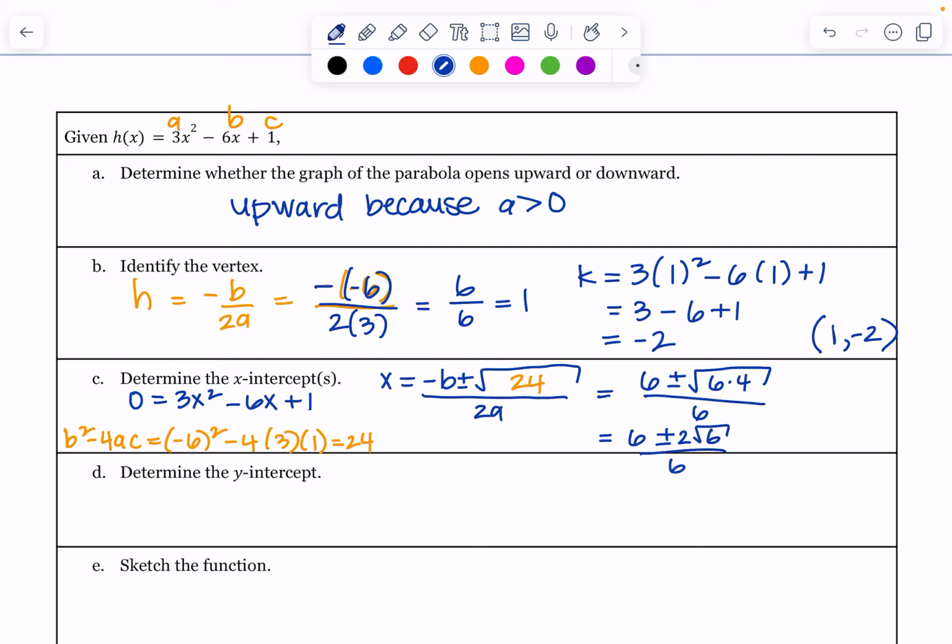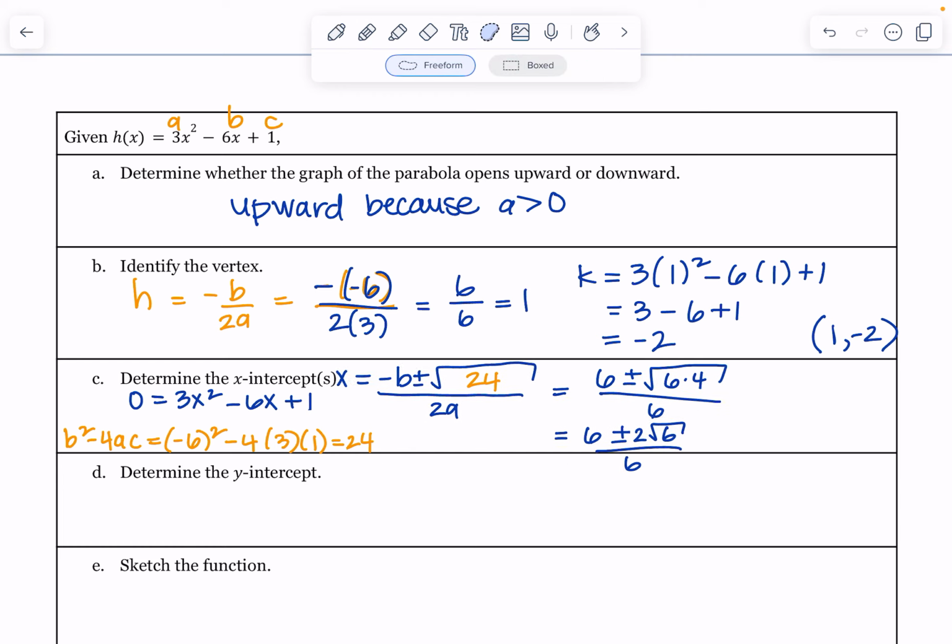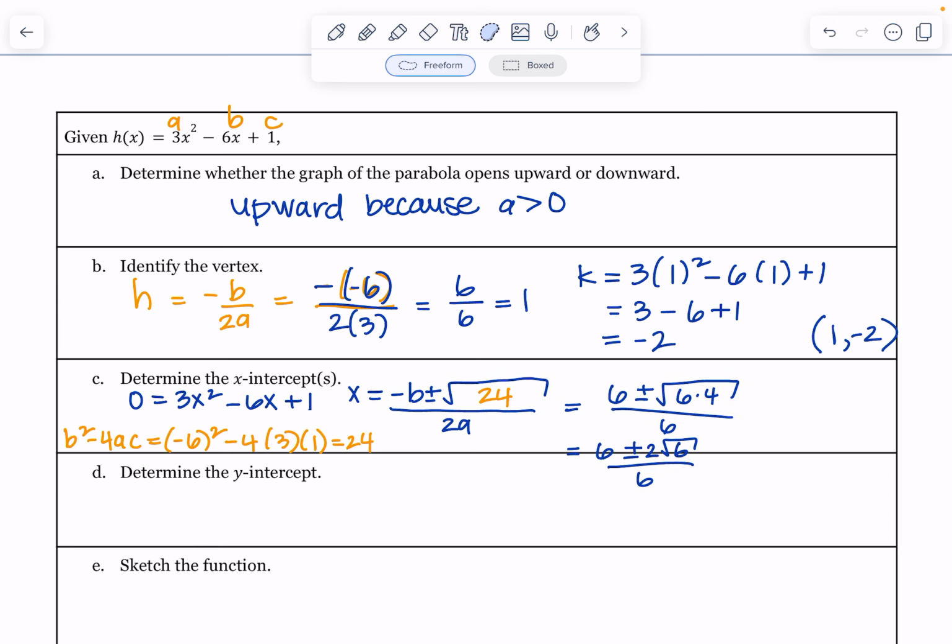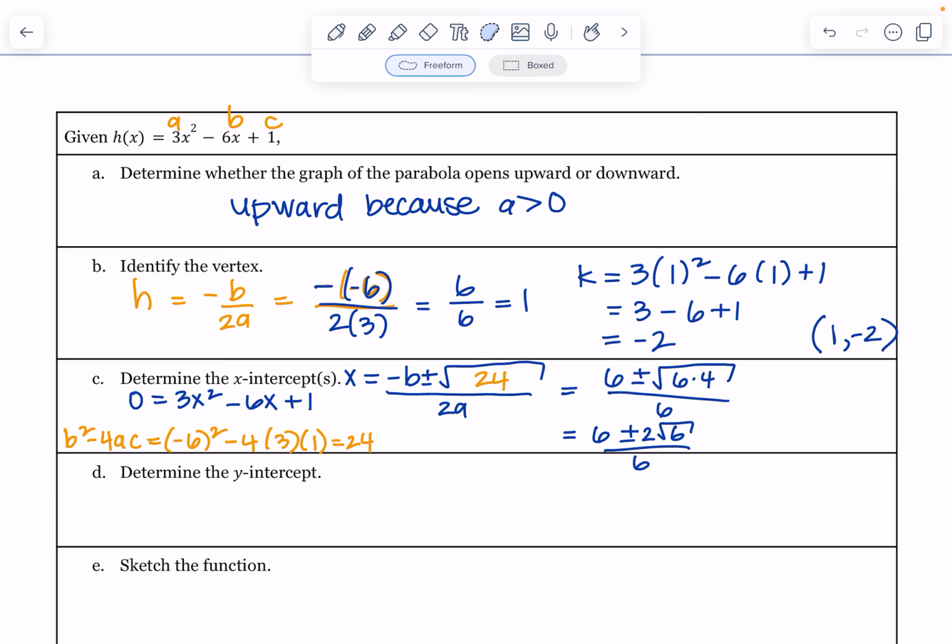6 all over 6. And this is so confusing, but we're trying to find the x-intercept, so we just need to remember what we are doing. So let me move all this over a little bit. Okay, so we have two x-intercepts, and x-intercept means that the y is zero. I'm going to go ahead and reduce this because all three of those numbers can divide by 2.